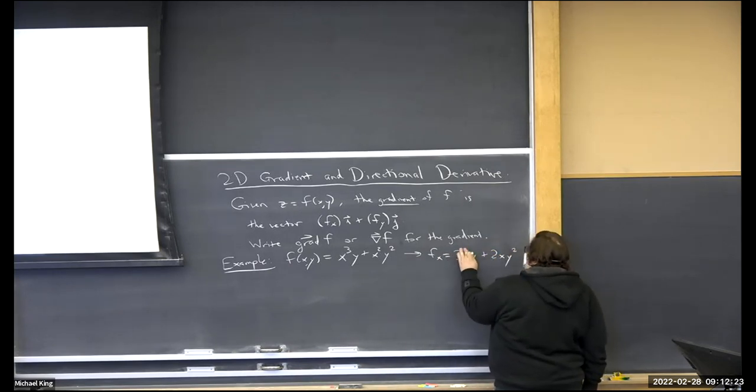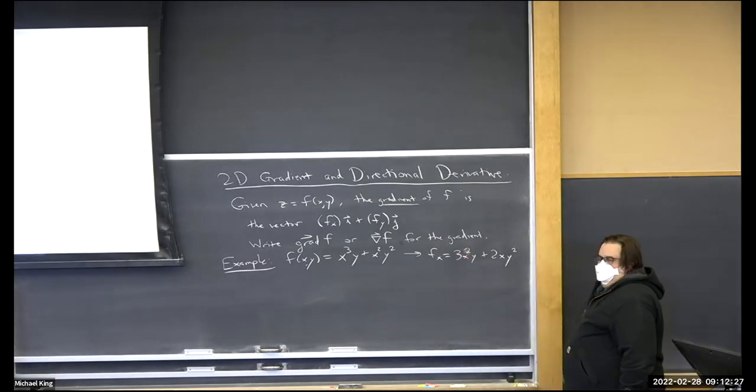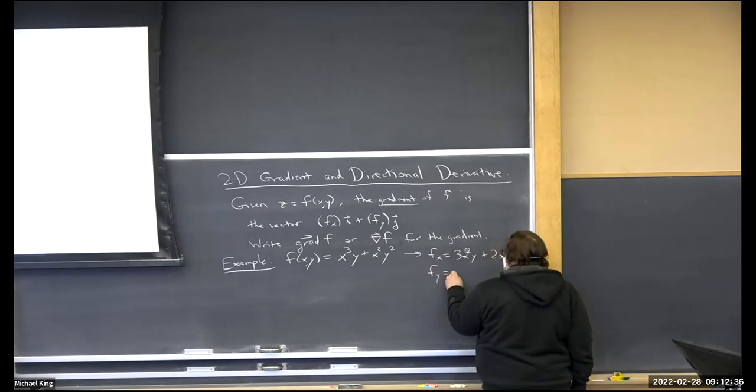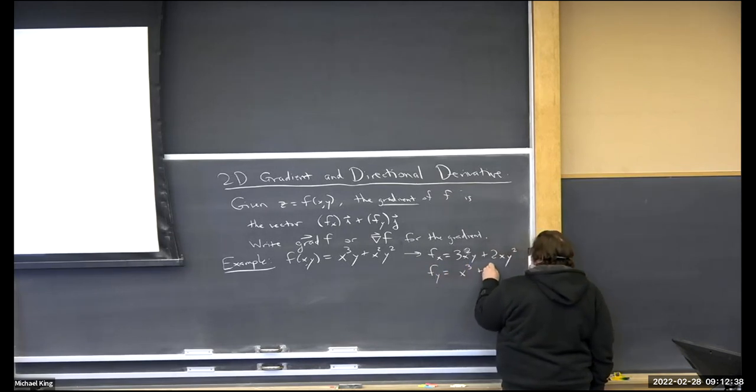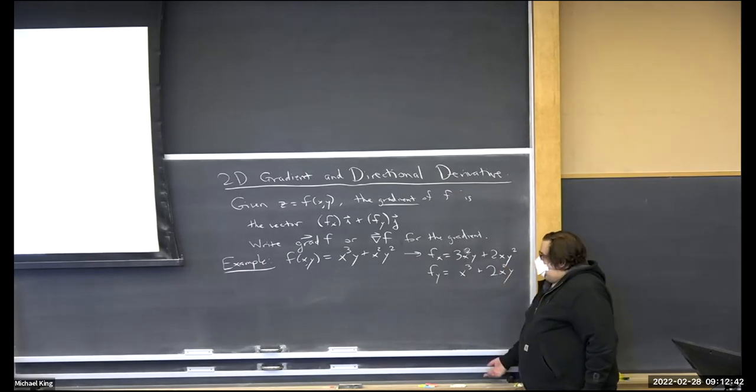I think you just differentiate the x and the two x's, right? You guys agree with that? The partial y is just x cubed plus 2x squared y. And so the gradient is just this vector where we put these together.